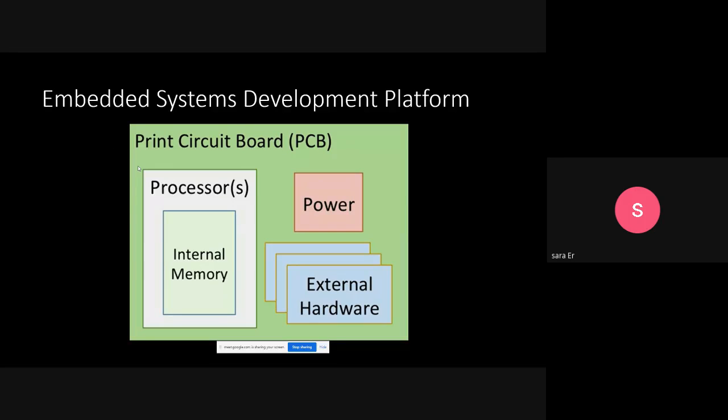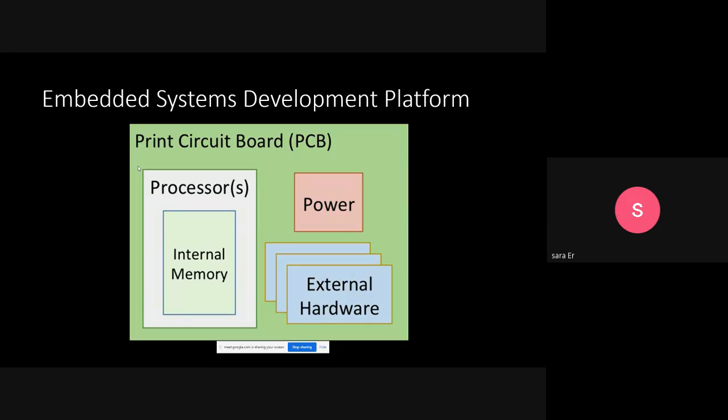If you want to look at the inside of the embedded system development platform, you can see here that any embedded system contains a wafer substrate, usually green, or here I showed some red versions of them in the previous slide. It is a PCB, a printed circuit board.